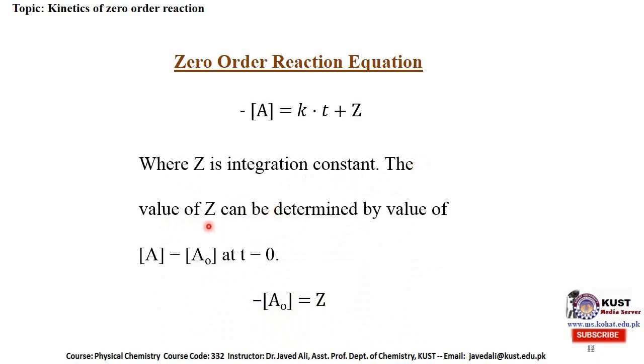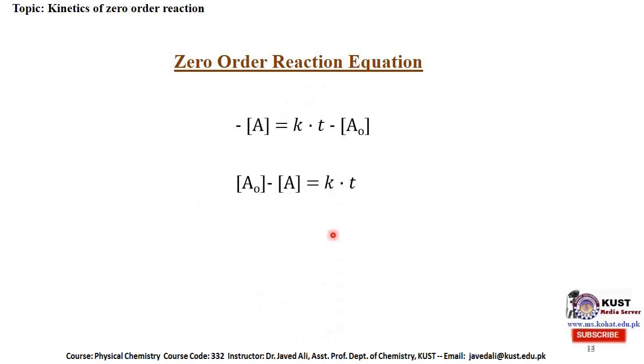The value of Z can be determined by putting the value of A equal to A naught at t equal to 0. When we put the t value as 0, Kt becomes 0, and the A value is A naught. So we get the Z value, which is minus A naught.